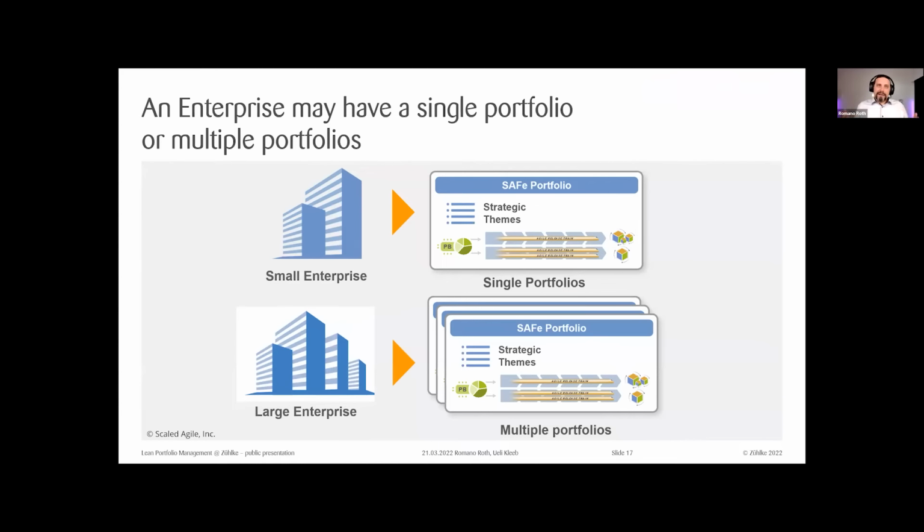So an enterprise can have, of course, one portfolio, but it can also have multiple portfolios. And it is important to understand this because smaller enterprises usually have only one portfolio, but larger enterprises have multiple portfolios and they can also stack on each other. So we have also identified at Zühlke that we have multiple portfolios. And for those who were in the talk about participatory budgeting, there we talked about the fruit portfolio.